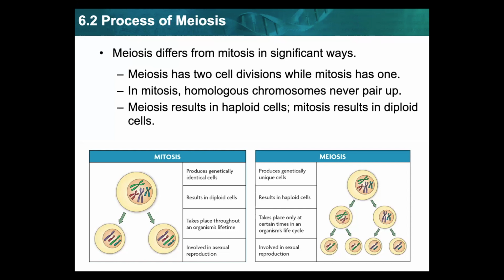The last thing is that in meiosis, you get haploid cells. In mitosis, you get diploid cells.